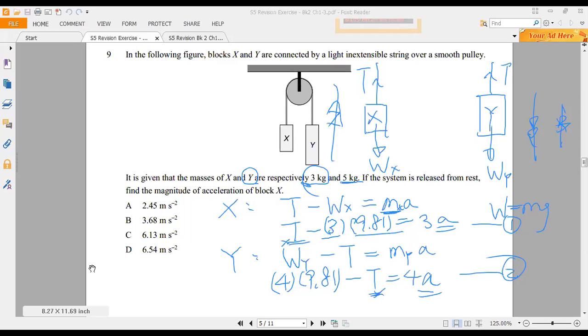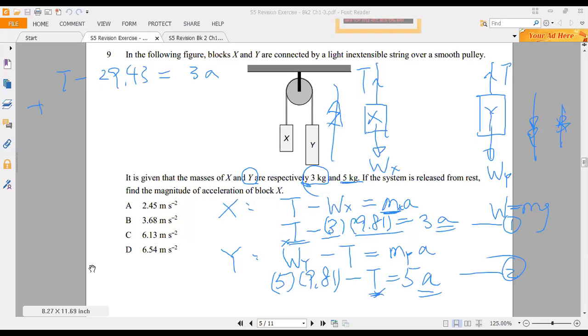Now, just do like T minus 3 times 9.81, let me calculate that. 3 times 9.81 is equal to 29.43 equal to 3A plus, oh, sorry, it's 5. Thank you for reminding. I'm so absent-minded.